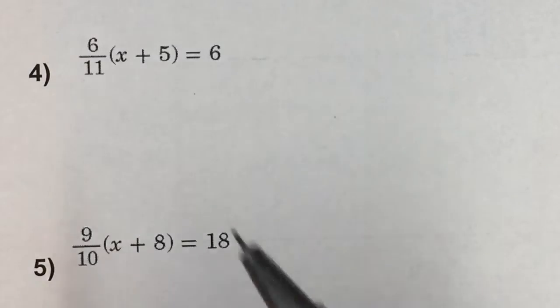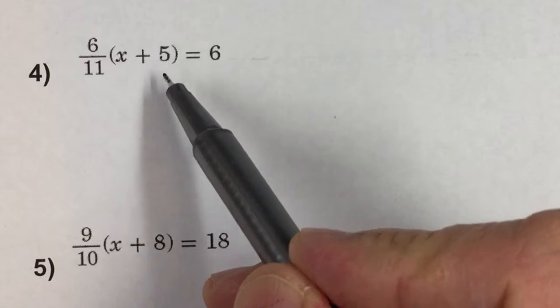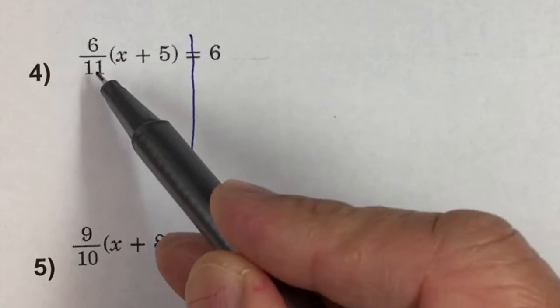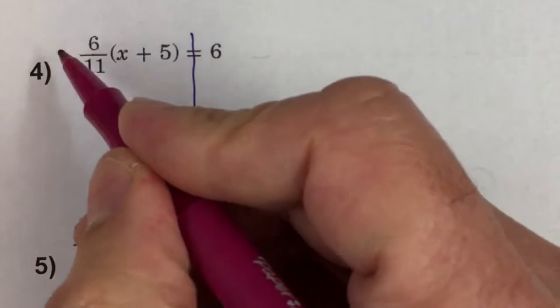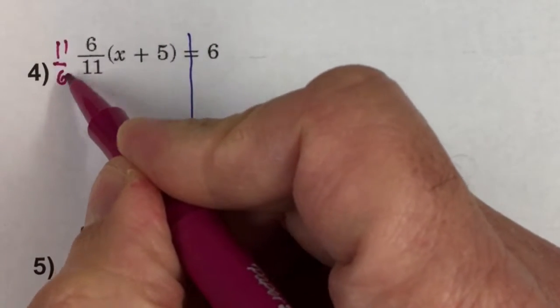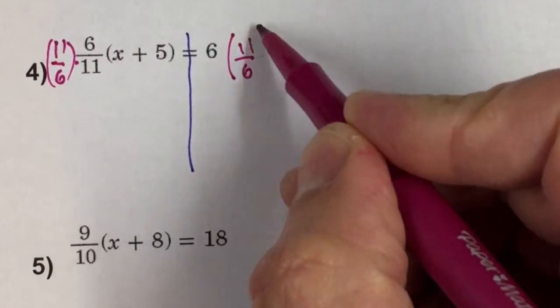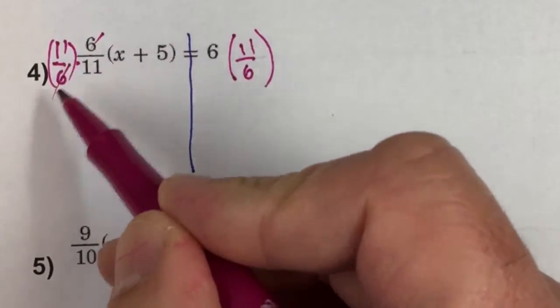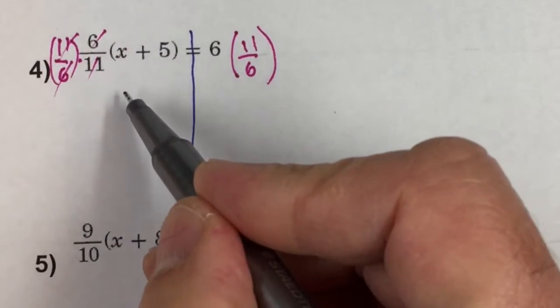For exercise number 4, we have 6/11 times the group x plus 5. So we're going to have to eliminate the 6/11, we're going to have to multiply by the reciprocal, meaning 11 over 6, on both sides. So this 6 goes away, the 11 goes away, and I have leftovers x plus 5.